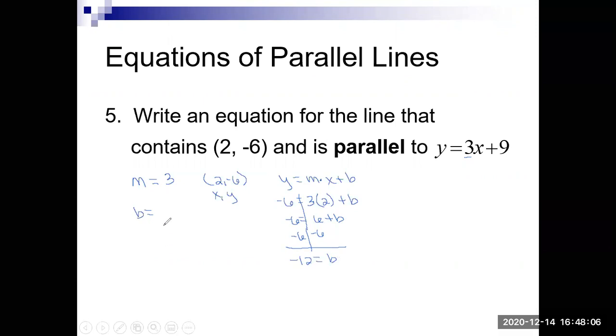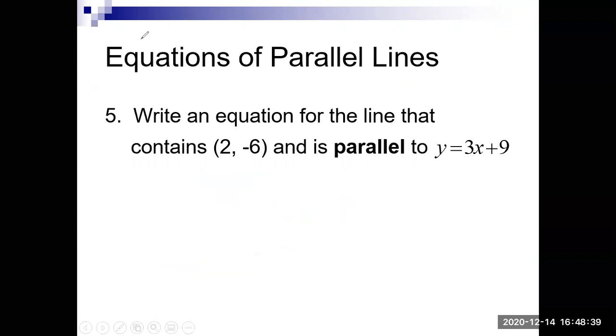But don't forget, you're not finished until you write your equation, substituting your m and b back in. So doing that, what are you going to get? y equals 3x plus -12. If you wrote y equals 3x minus 12, remember that means the same thing. Okay, looks good.